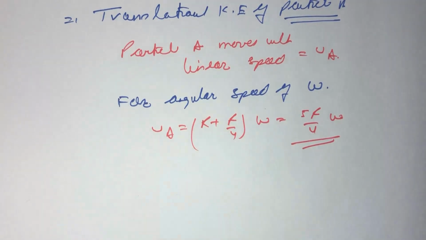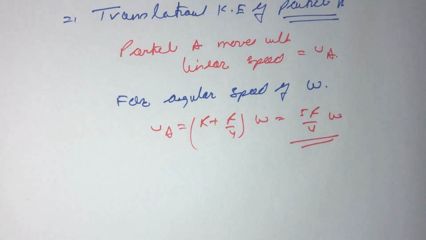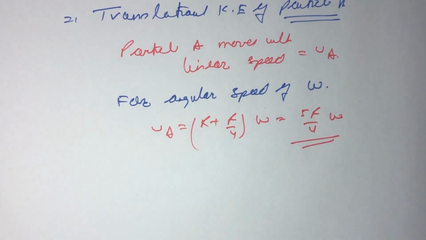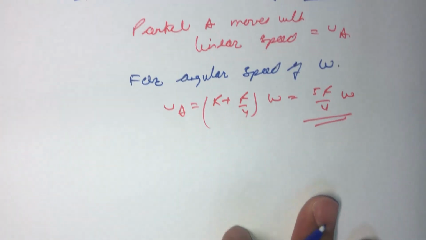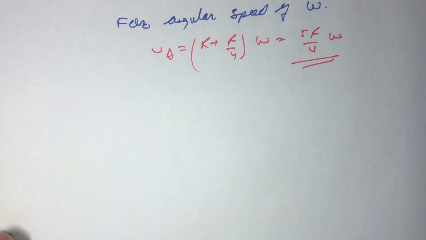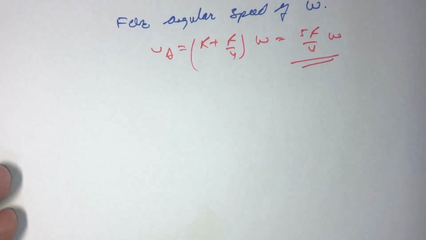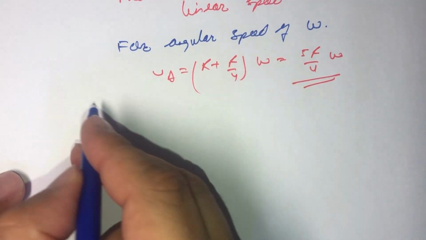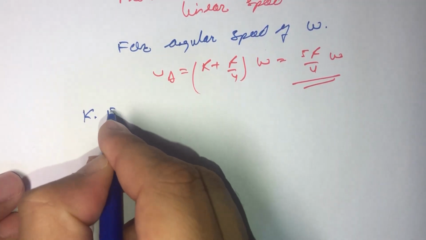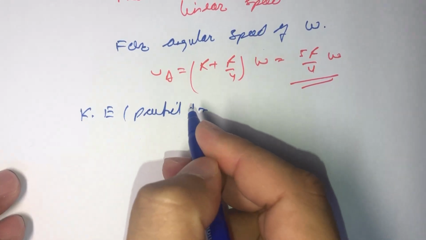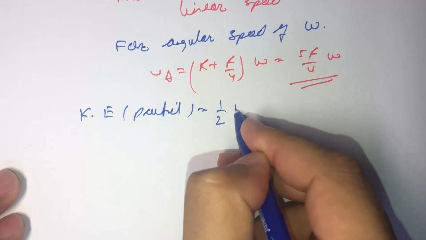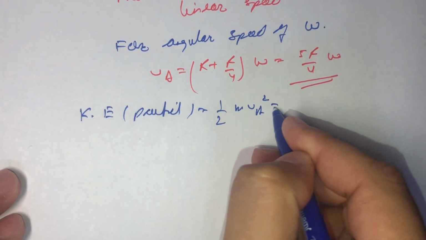So finally we almost got all the parameters, and then we are going to find our K. Now we find the kinetic energy of the particle, which will be equal to half m VA square.